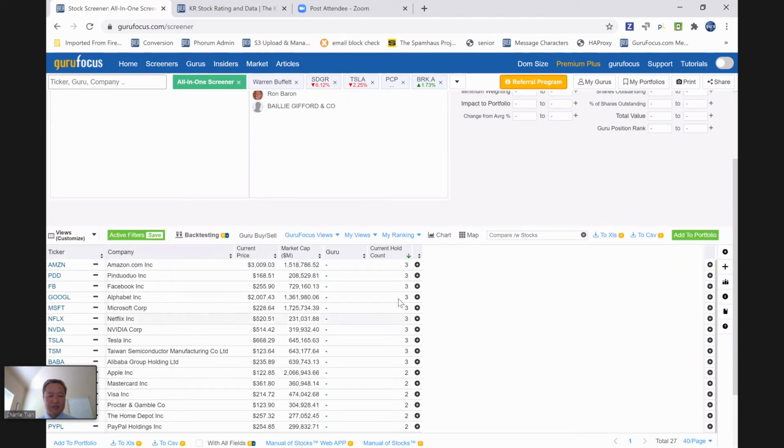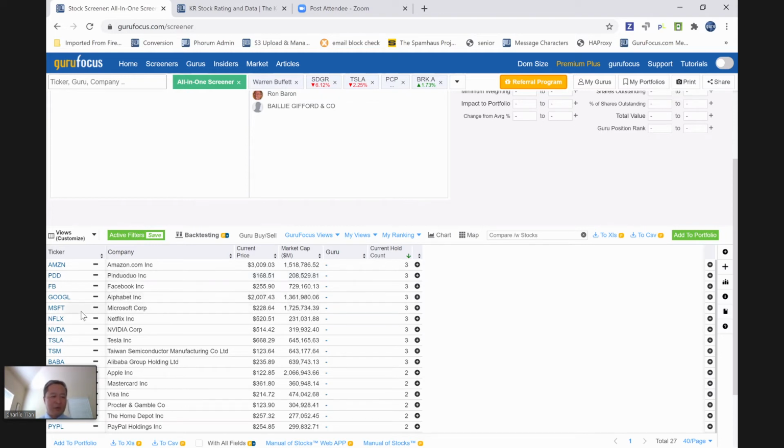Here you can see that all three of them own Amazon and Pinduoduo, which is a Chinese online store company, similar to Amazon, but not doing as many things as Amazon for retail.